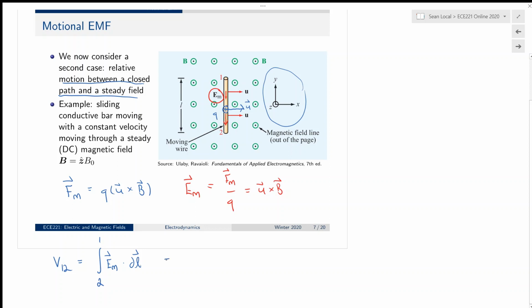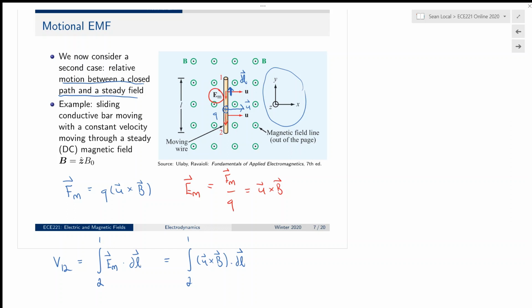So if we substitute in, we're going to integrate from 2 to 1 this cross product of velocity and the B field, and then take the dot product of that with dl. We're integrating from 2 to 1, so our dl is pointed upward like this. This is the direction of dl, and now we can proceed to calculate this.